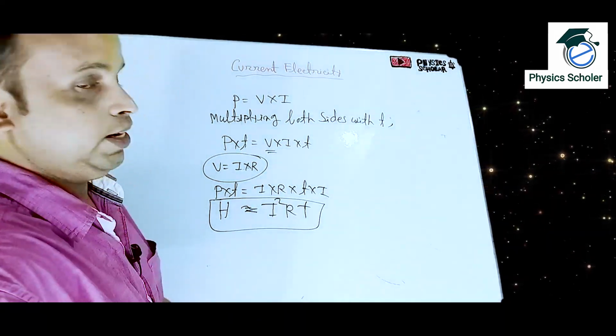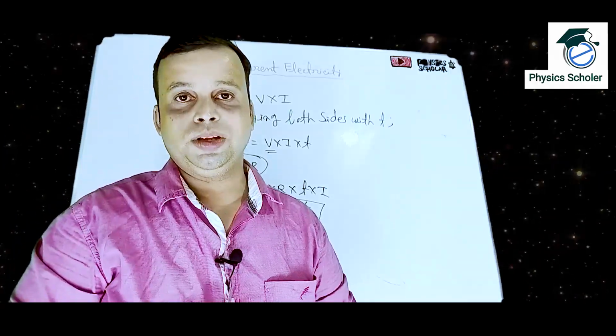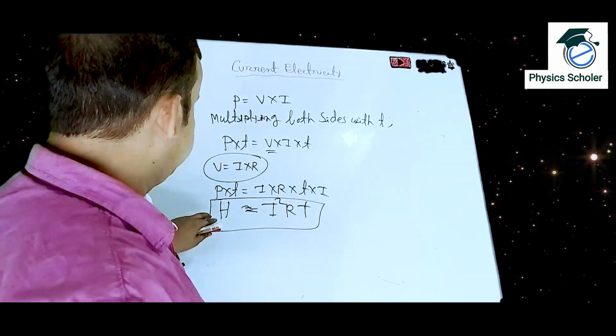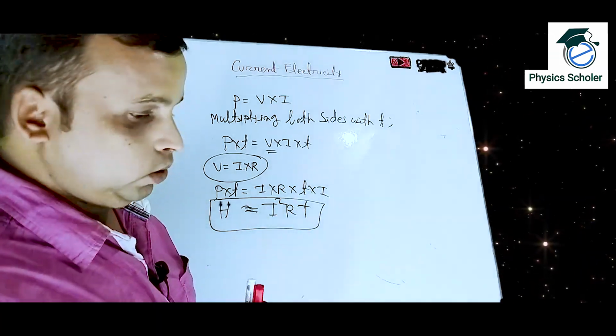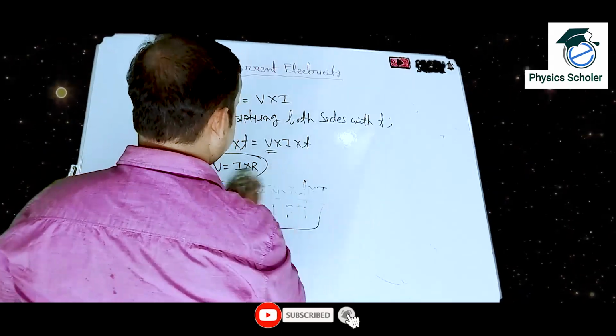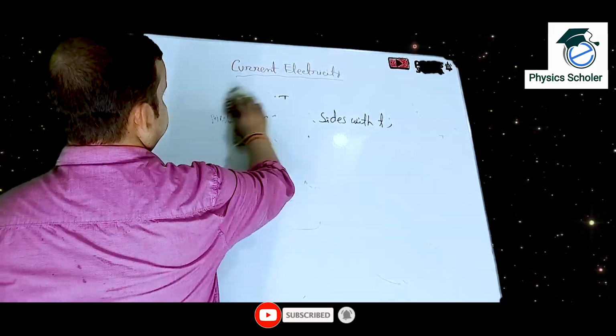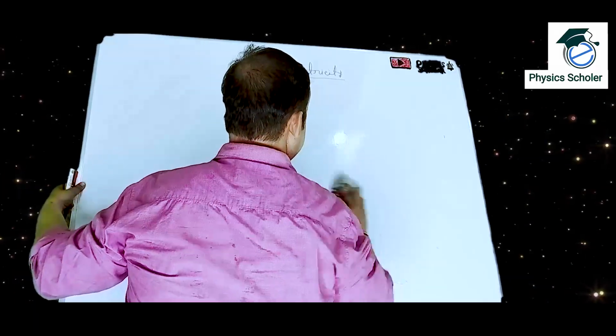This energy will ultimately be converted into heat energy. So this is actually Joule's law, and we will come to know about the heating effect of electric current. This is the energy consumed by the electrical appliances.